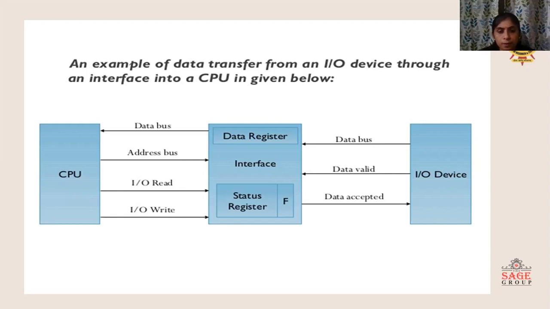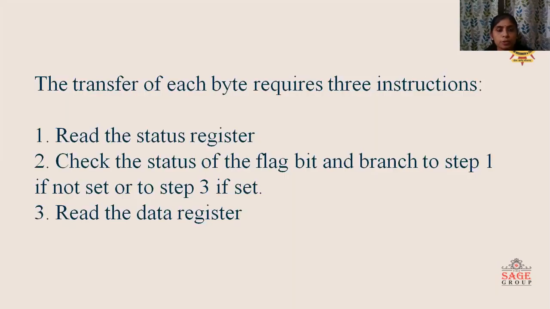Here we can understand the status register means the value of flag register. If the value of flag register is 0 and if the value of flag register is equal to 1, what will happen? We will understand using the flow chart.